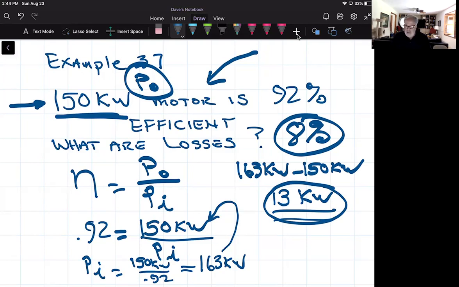Now, let me back up just a minute here. I'm guilty of this, and I know we want to be careful with this, but I'm sort of using energy and power together, and I don't really mean to do that. We've got a formal definition of what power is. It's the rate of doing work.